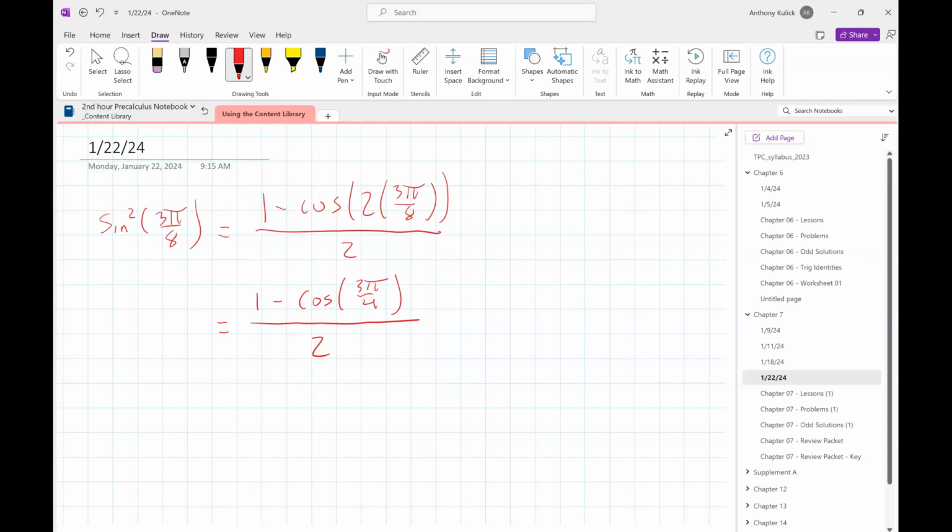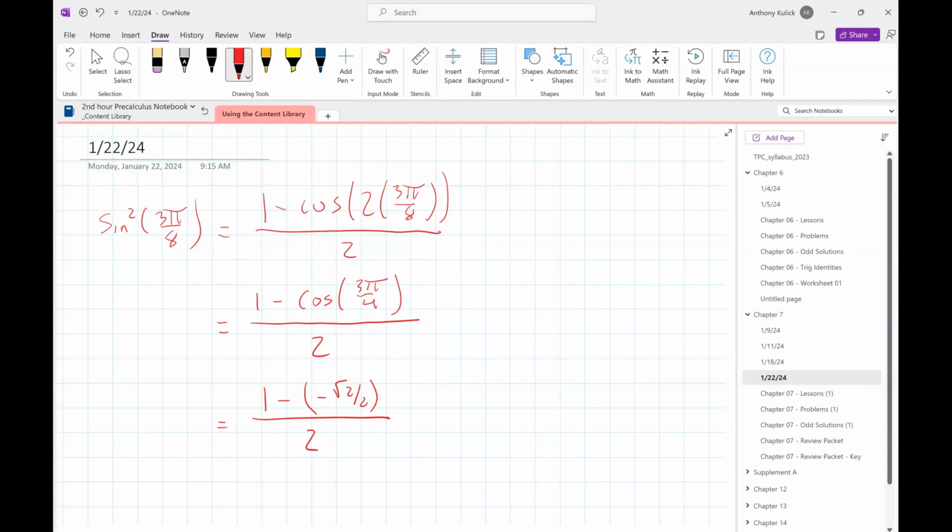So I'm just going to go look at my unit circle and find 3 pi over 4. Cosine of 3 pi over 4 is negative root 2 over 2. That's why I didn't bother with it for a power reducing, because all I have to do is multiply the fraction. I don't have to try to break it into 2 fractions or something difficult there. You could if you wanted to, though. It's not wrong to do that.